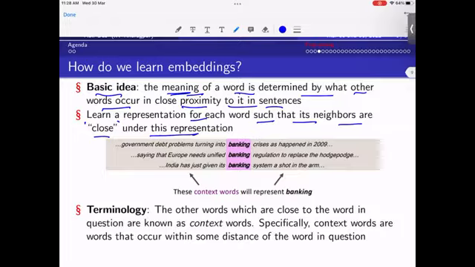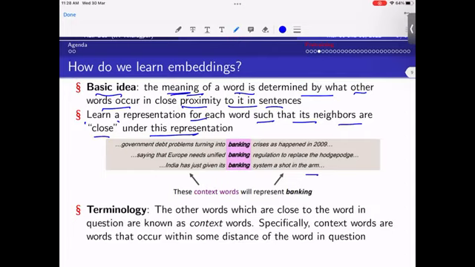So these are, say, three sentences. Government debt problems turning into banking crisis has happened in 2009, saying that Europe needs unified banking regulation to replace the hodgepodge. India has just given its banking system a shot in the arm. So from banking related documents, you have these sentences.